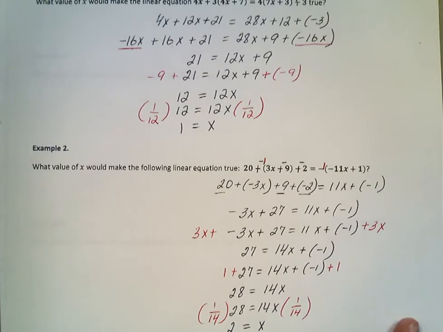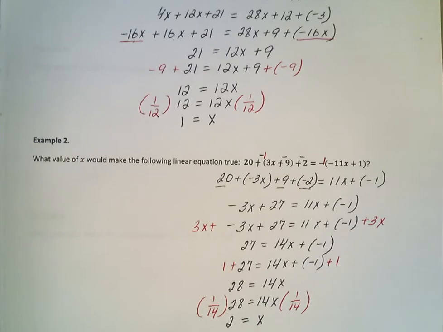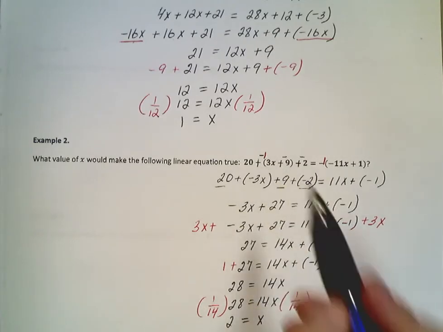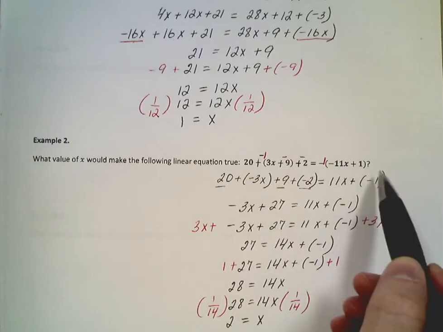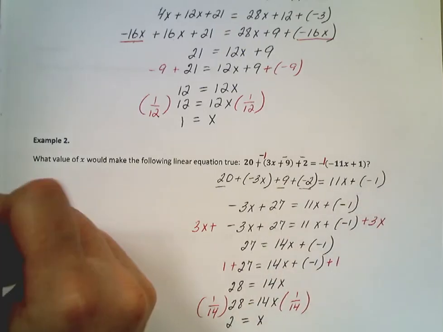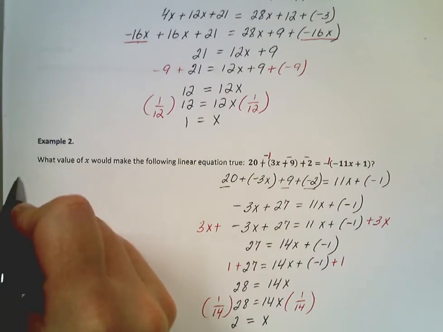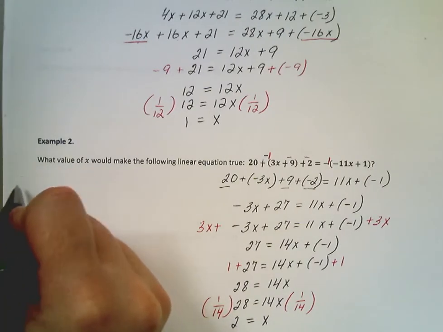Let's check, make sure that our solution makes sense. So we will put 2 instead of x into our original equation. So I'm going to write here to make sure that I got all the signs and numbers correctly.